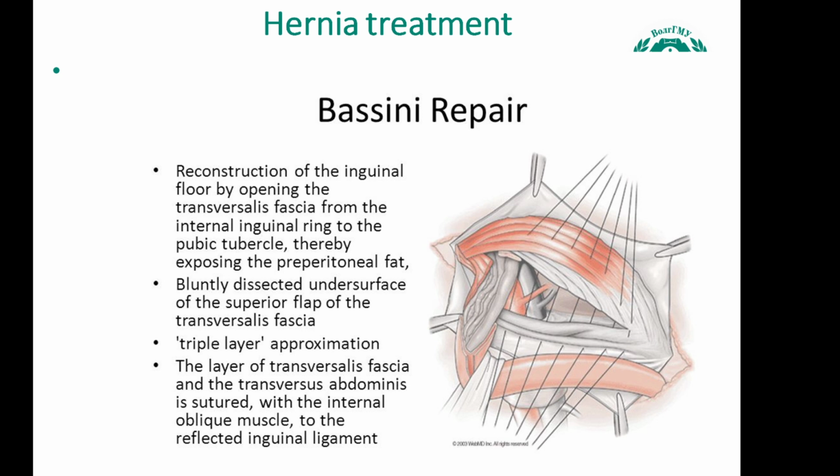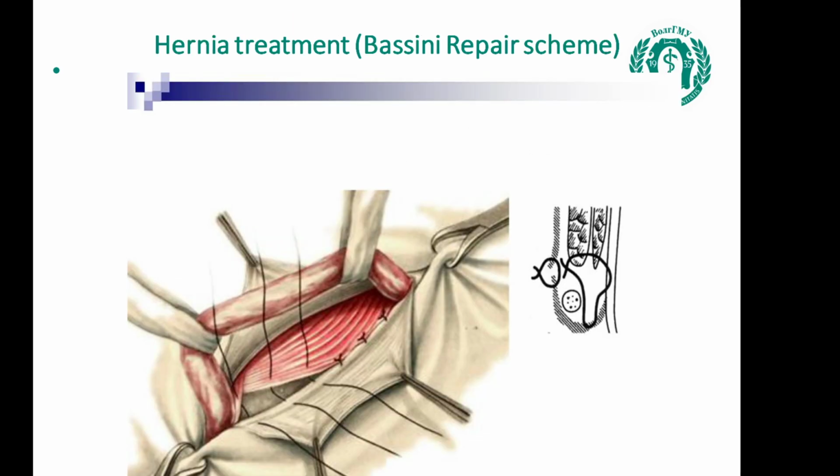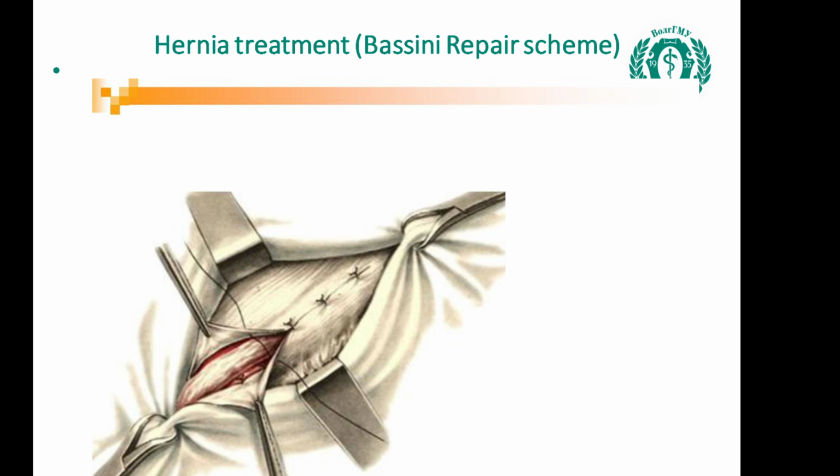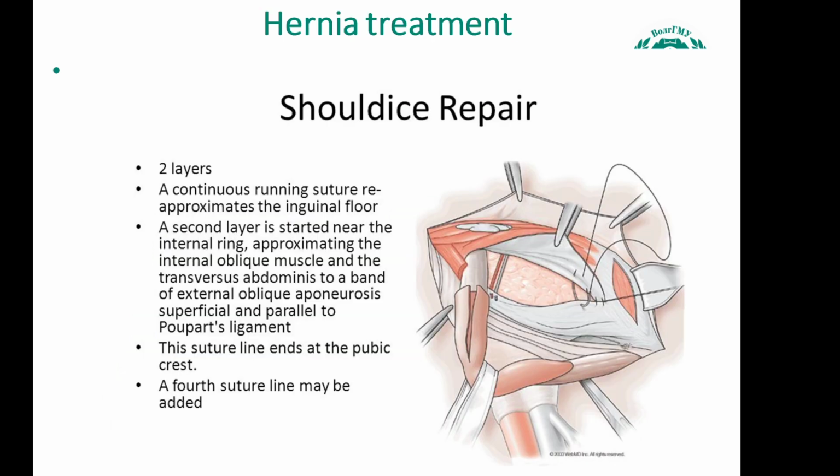The layer of the transversalis fascia and the transversus abdominis is sutured with the internal oblique muscle to the reflected inguinal ligament. The scheme and the picture show different steps of the surgical repair by the method of Bassini.